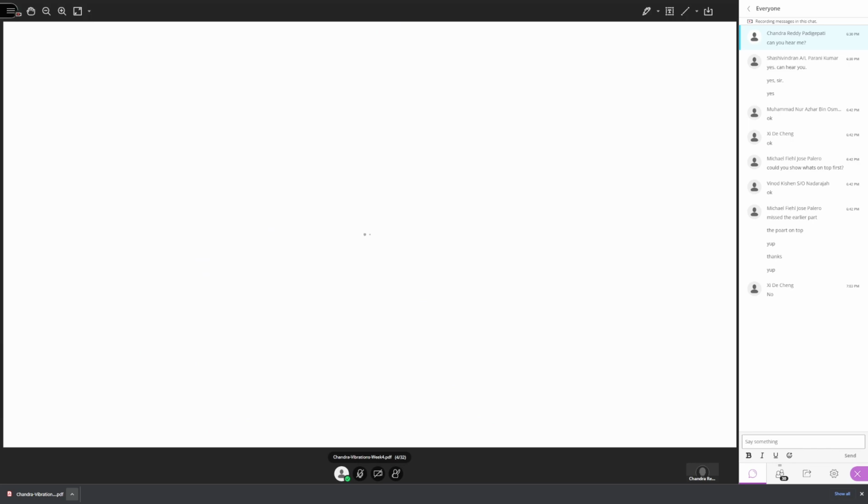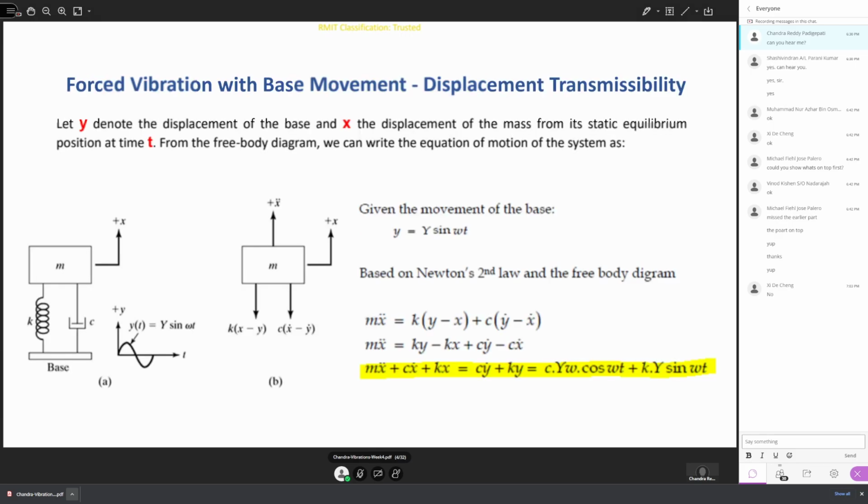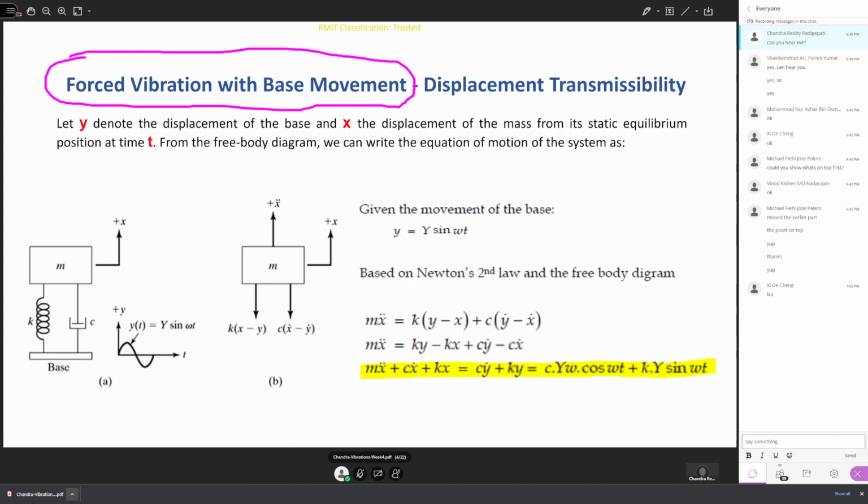All right. Next we move on to the theoretical aspects. We now study the base movement. We are going to analyze forced vibration with base movement, where the force comes from the movement of the base. Here we consider y as the displacement of the base.